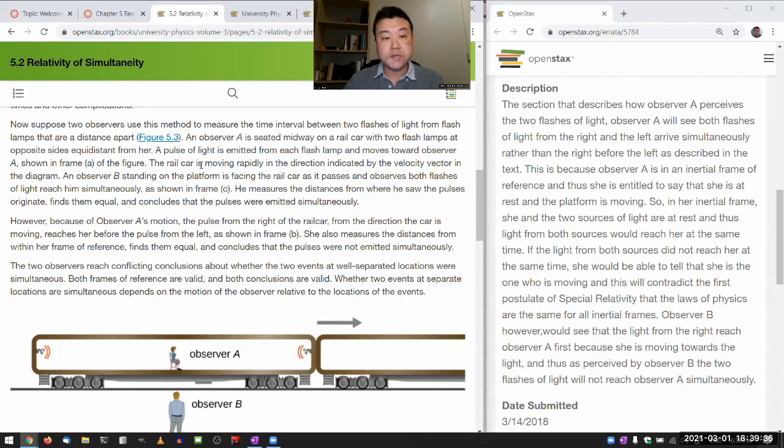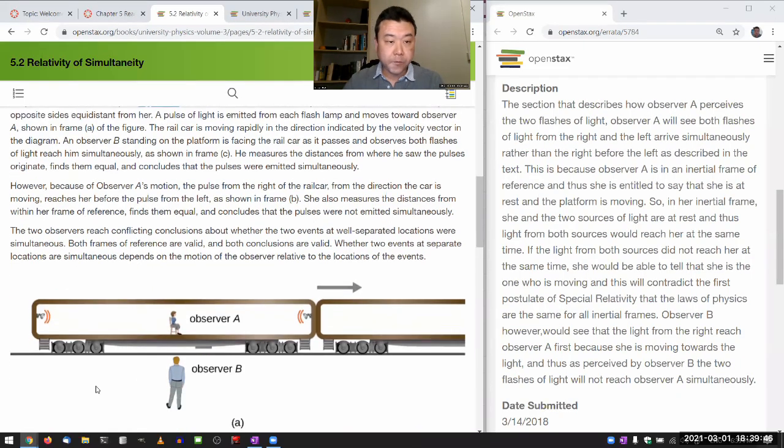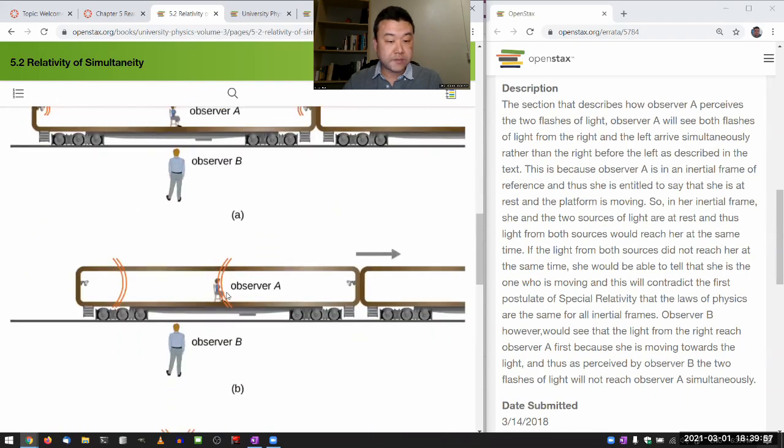The rail car is moving rapidly in the direction indicated by the velocity vector in the diagram. An observer B, standing on the platform, is facing the rail car as it passes and observes both flashes of light reach him simultaneously, as shown in frame C.